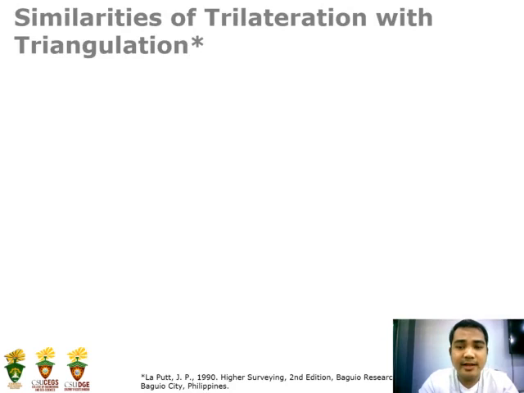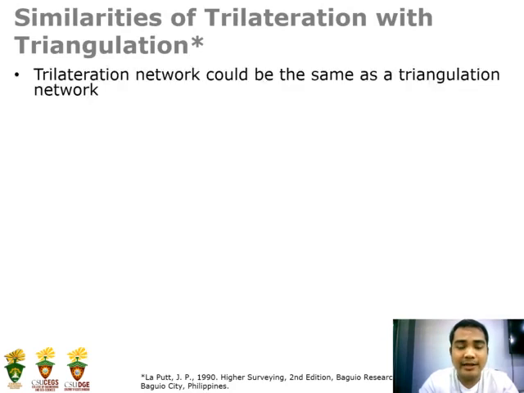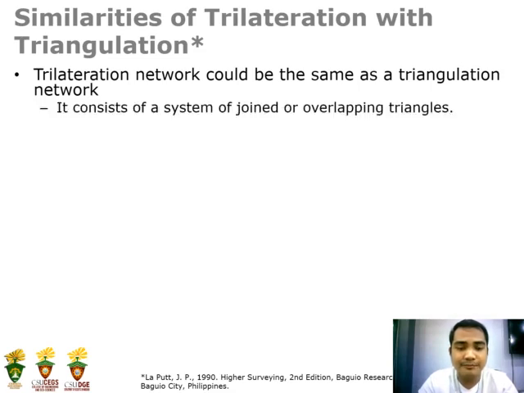Here are the similarities of trilateration with triangulation. First, a trilateration network could be the same as a triangulation network. Since it is the same network, only the method used is different. In triangulation, the angles are directly taken, and in trilateration, the distances are directly measured.